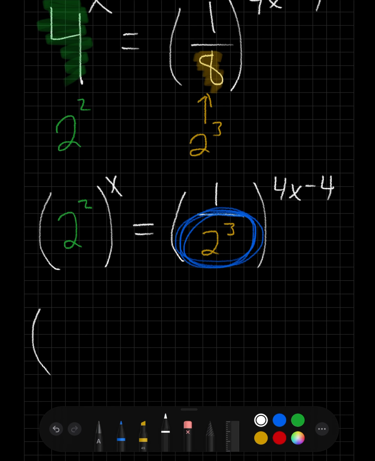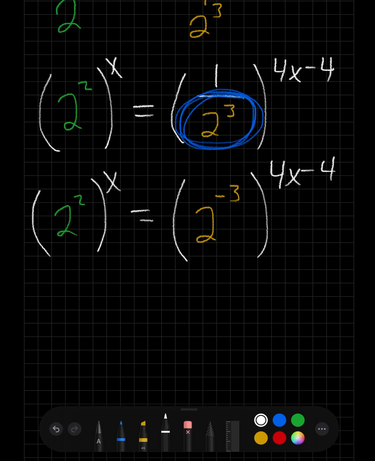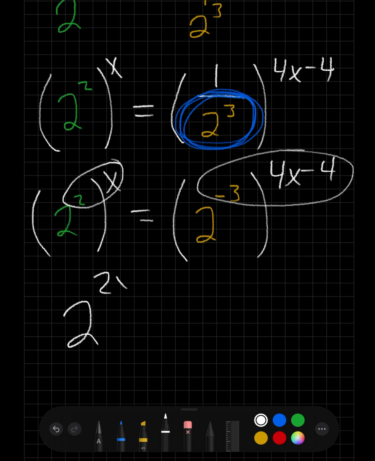So here's where I'm going to use my rational exponent property. So we'll have 2 squared to the x power is equal to, I'm going to rewrite this as 2 to the negative 3rd power, all to the 4x minus 4. And then I'm going to use my power to a power rule again and multiply my exponents.